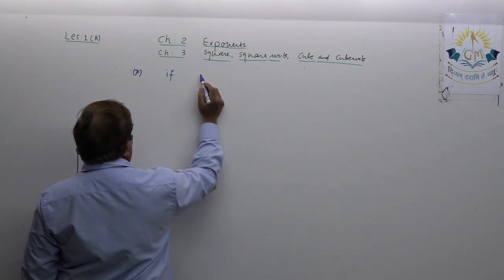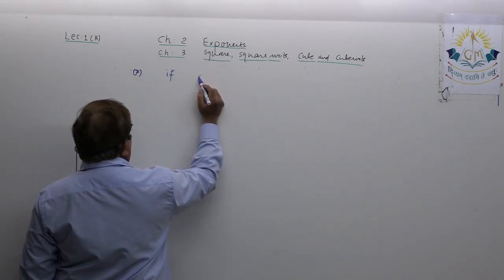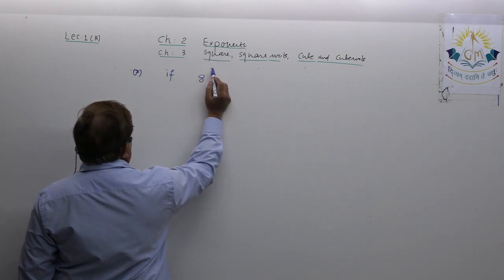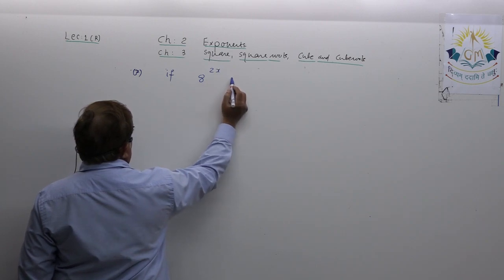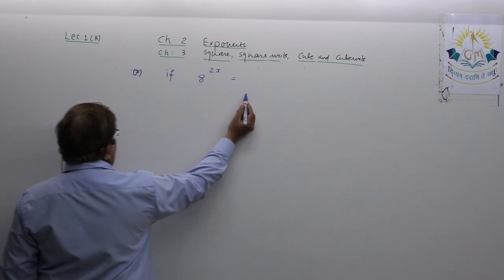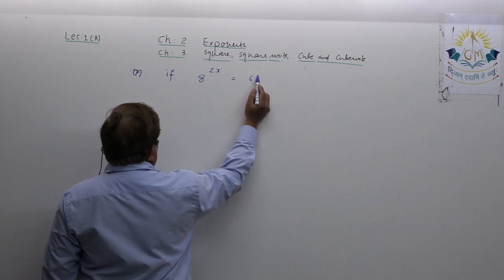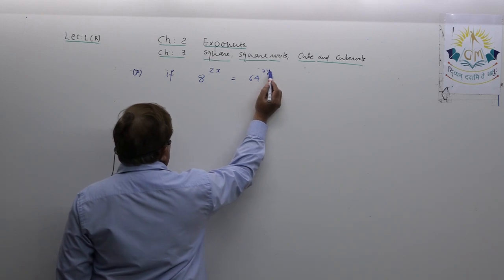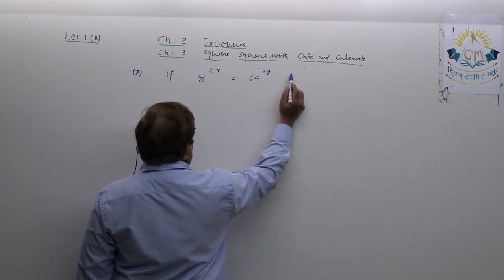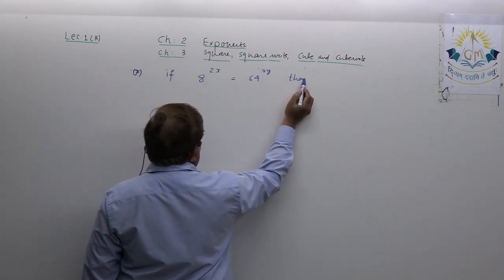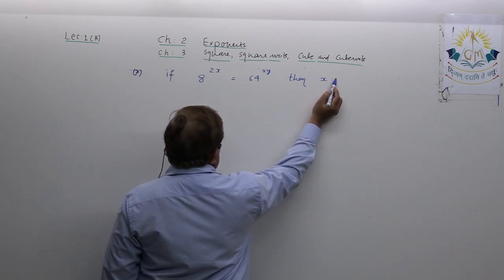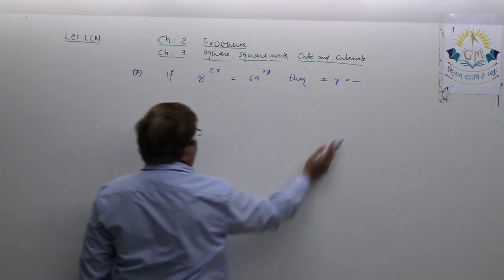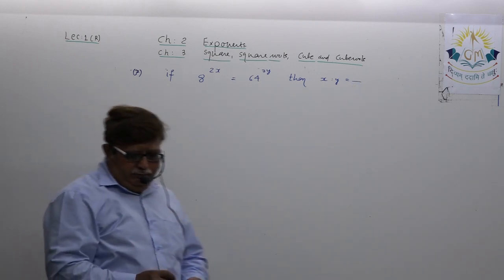If 8 raised to 2x equal to 64 raised to 3y, then x is to y equals to dash. Try this out.